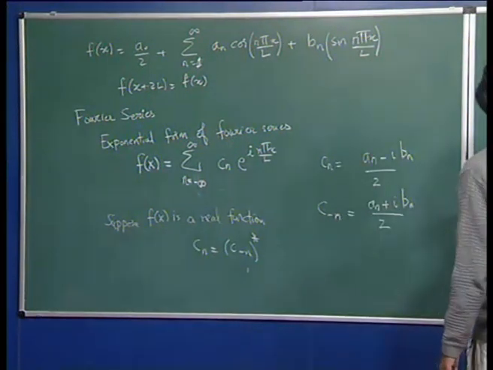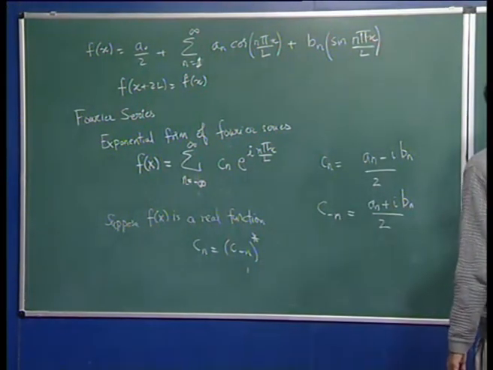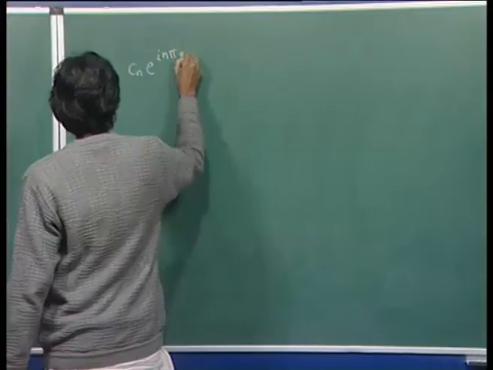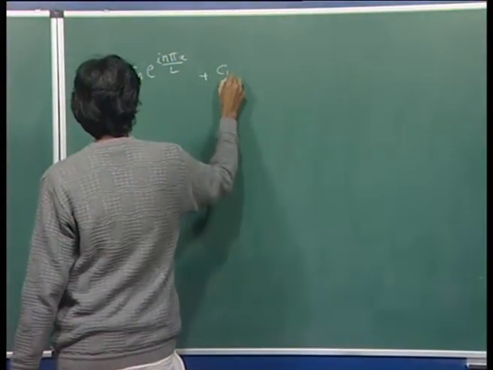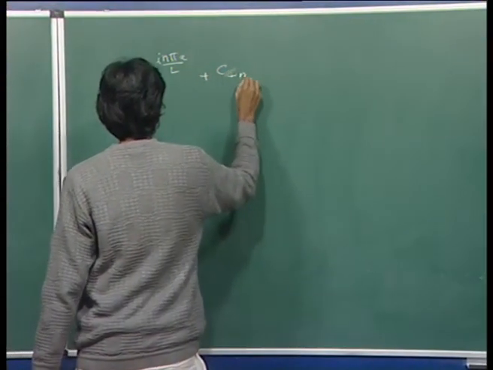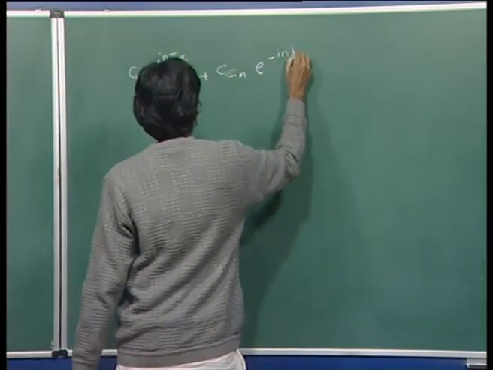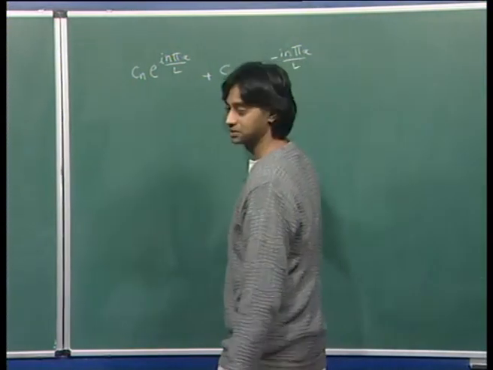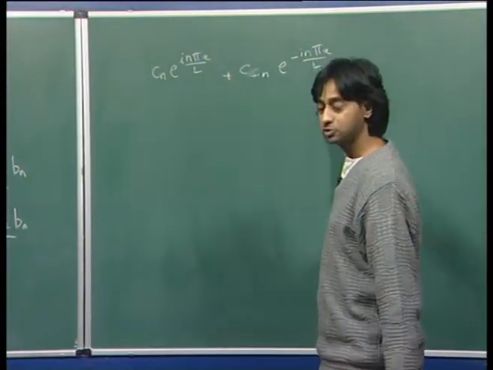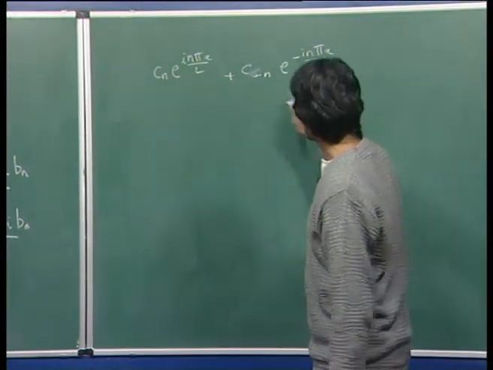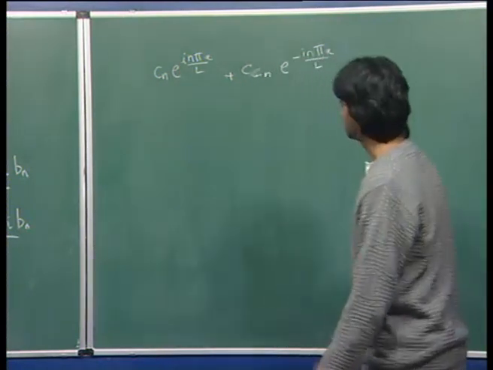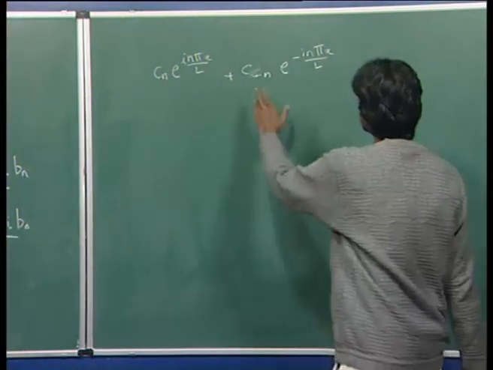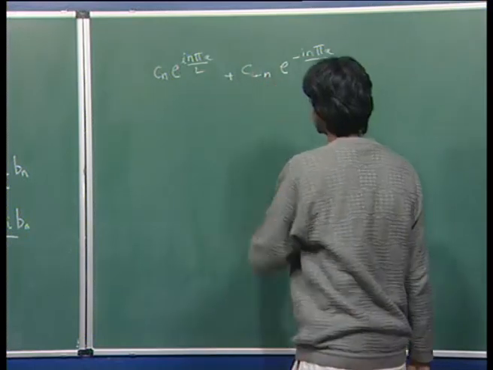To show this, you have C_n e to the i n pi x by L plus C minus n e to the minus i n pi x by L. So, you will have two terms in this series that will appear in this form, and they should add up to give something that is real for all values of x, and we want to find the appropriate choice of C's that give that.